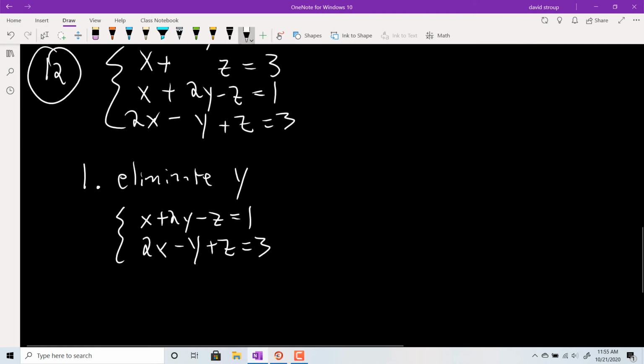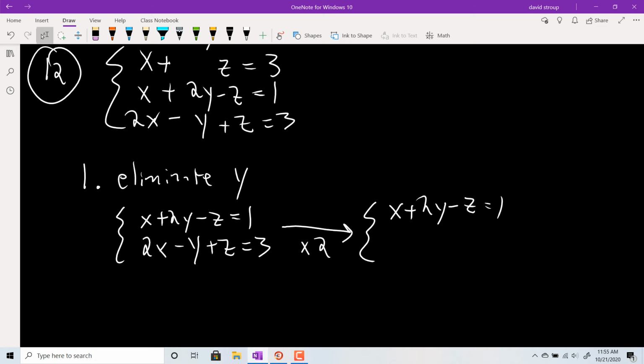Okay, so I'm trying to get rid of y, right? So I'm going to multiply the second equation by 2. And then I'm going to add the equations together.